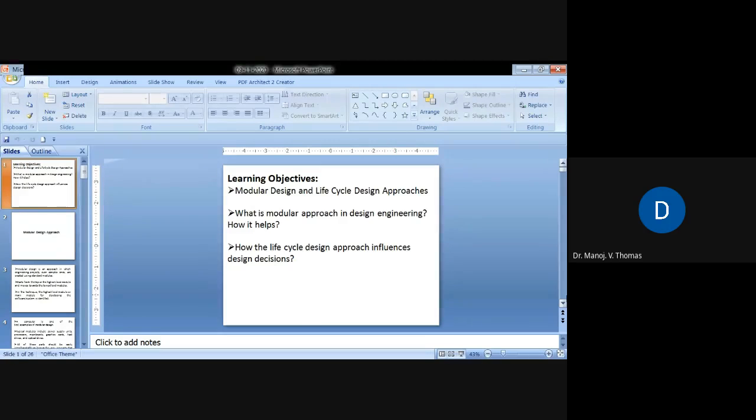This campus management system itself is a large function. We cannot think of it as a whole while designing, implementing and developing it.